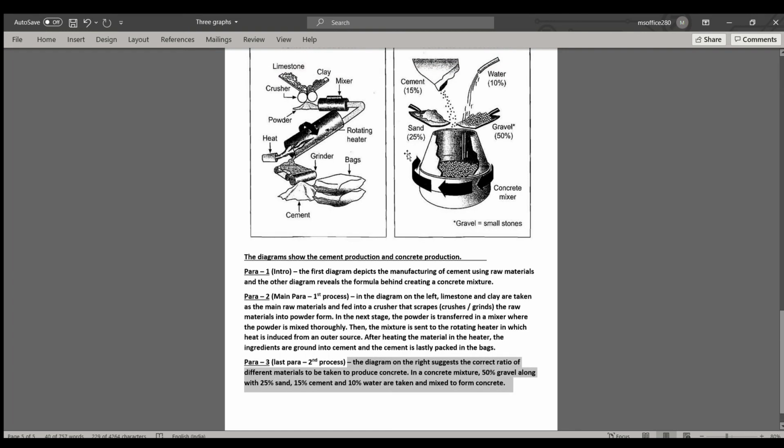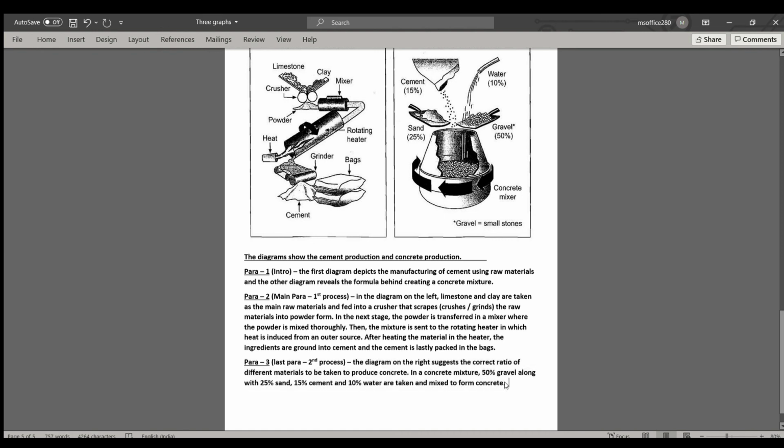The reason I've used the word ratio is that the proportions, the percentages, are given. Materials to be taken to produce concrete: 50% gravel along with 25% sand, 15% cement and 10% water are taken and mixed to form concrete.